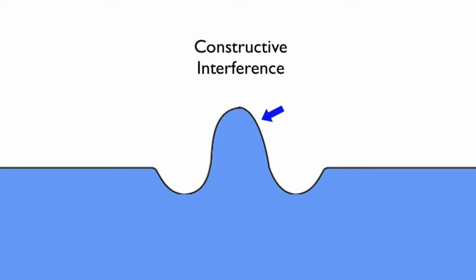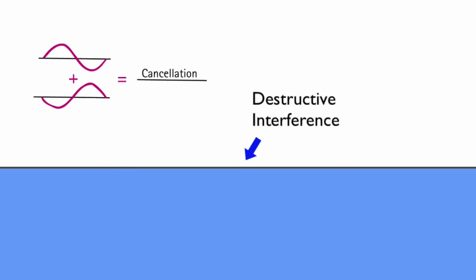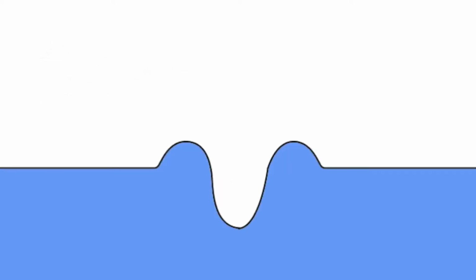This is constructive interference. Now, here's a moment where all the highs are perfectly overlapping all the lows. We see a cancellation of the wave amplitudes. This is a moment of destructive interference. If you took a snapshot photo, you might think that nothing is happening. Change that to a video, and you'd see otherwise. In the next moment, you've got a case where the two lows are now overlapping.